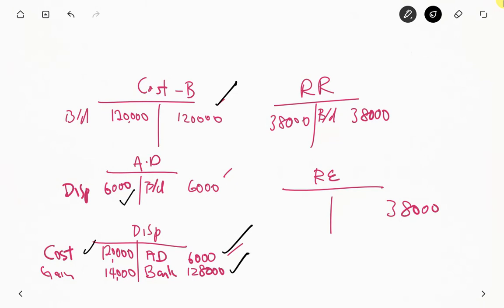I sell it for 128. I make a gain, and this one I'll put in SPL. Then what happened to the 38? Transfer. Already realized once it is sold. So it can be realized through sale or through use. RE will increase, RR will reduce.